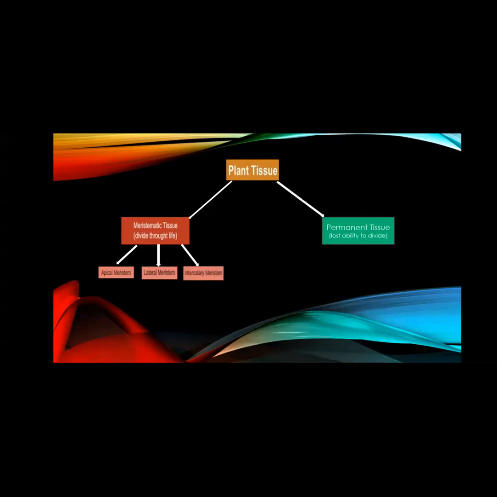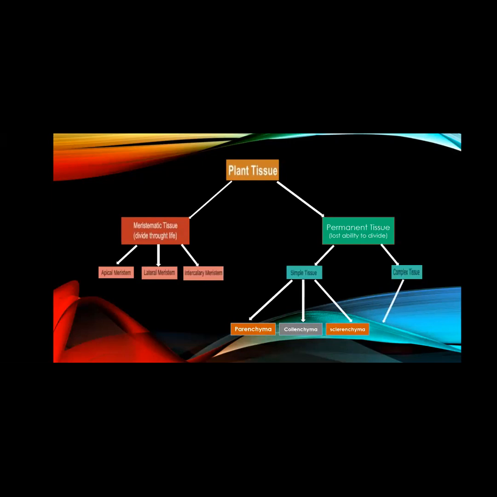Second major type of plant tissue are permanent tissues, in which we have two subtypes. Simple tissue, which is further classified into other three types. One is Parenchyma, Collenchyma, and Sclerenchyma. The second subtype of permanent tissue is the complex tissue.